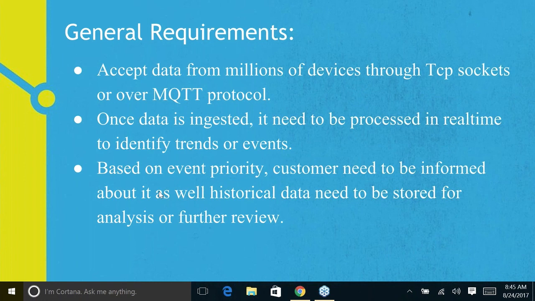Once the data is ingested into the system, what we need to do is process it, apply some kind of rules to identify what kind of event it is, as well as the severity of the particular event. Based on the event priority and severity, we need to inform the customer that something is going wrong, or what is exactly happening with the tracking device.